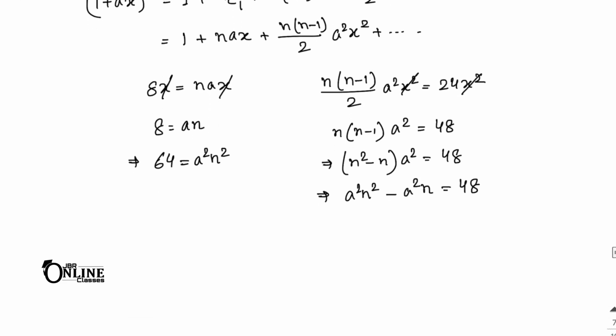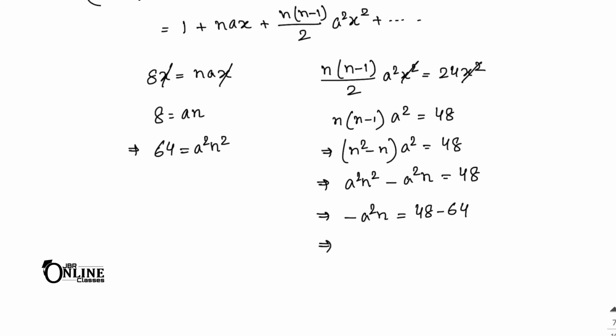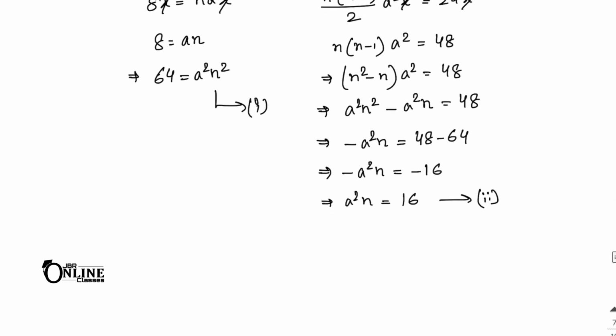Now in place of a square n square, you can put 64. So it will be 48 minus 64, so minus a square n equals minus 16, which means a square n equals 16. Calling the first equation 1 and this one 2, then 1 divided by 2 gives a square n square divided by a square n equals 64 by 16.